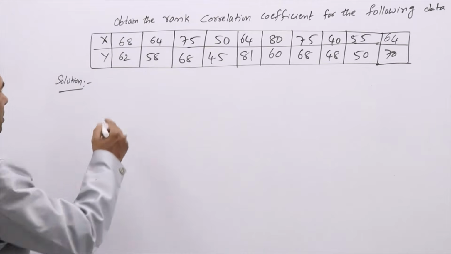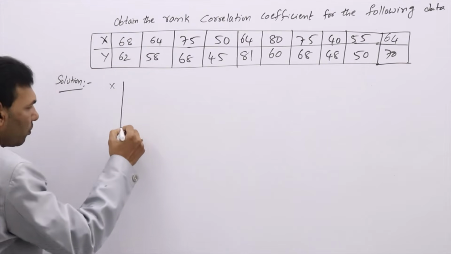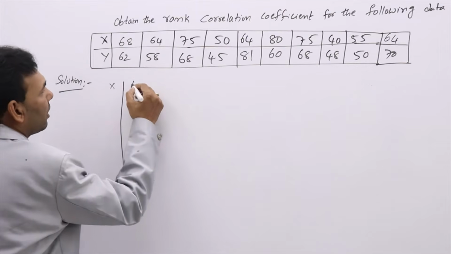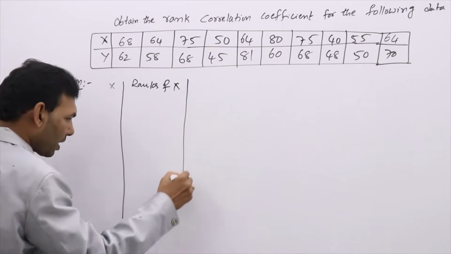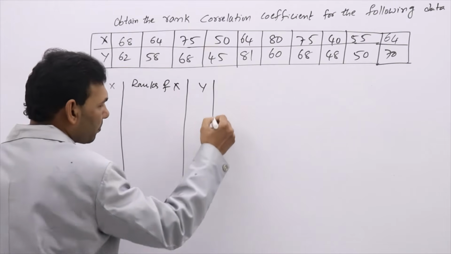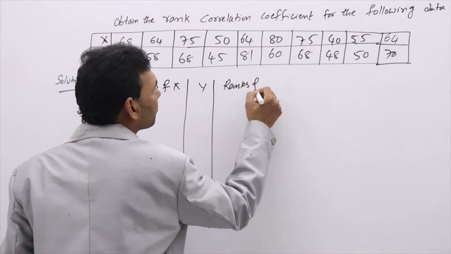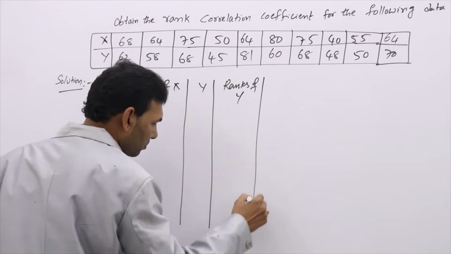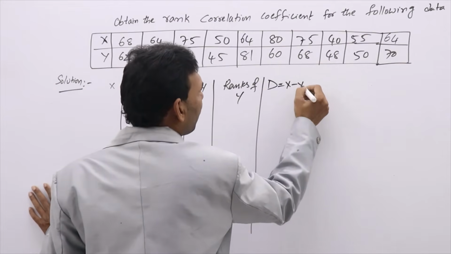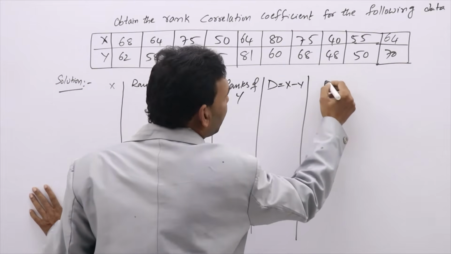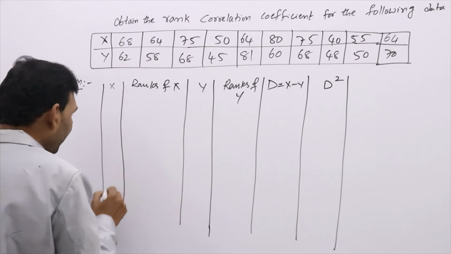So first, given marks, we are writing x marks and y marks, and ranks of x, similarly ranks of y, difference between ranks, and d square. This we need to calculate.